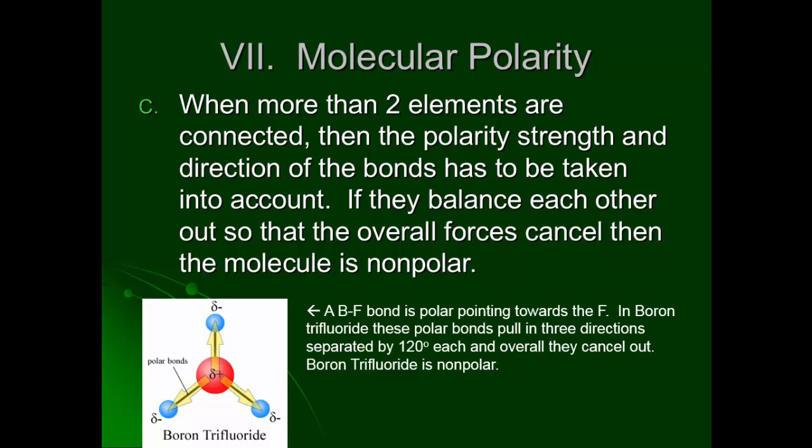If you can imagine a tug-of-war with 3 strong men all at 120° from the center and some poor soul in the middle, and they're pulling, that person in the middle isn't going to go anywhere because they all pull with equal force. So although these bonds are polar, the molecule is nonpolar because the bonds cancel each other out mathematically.